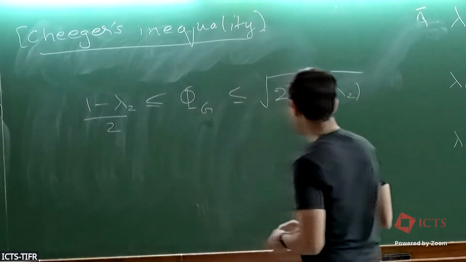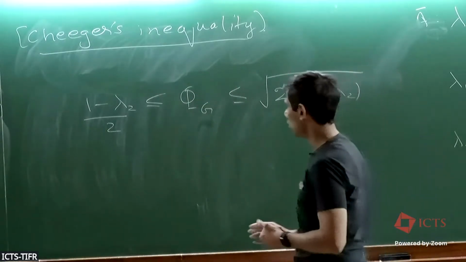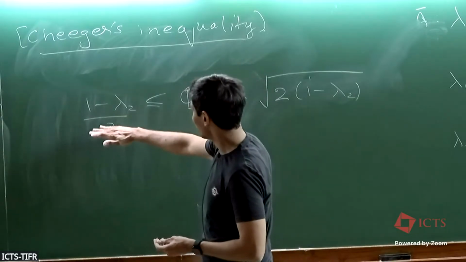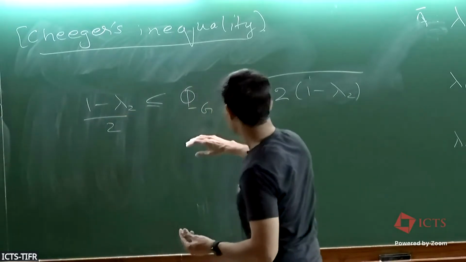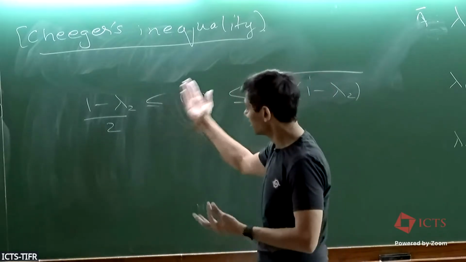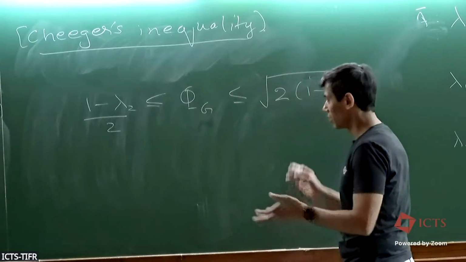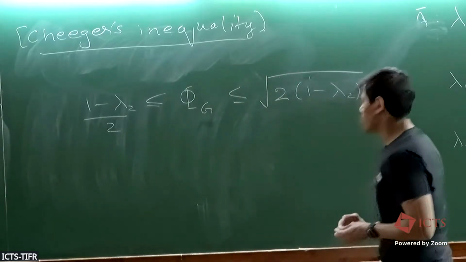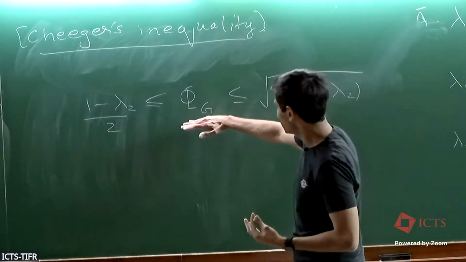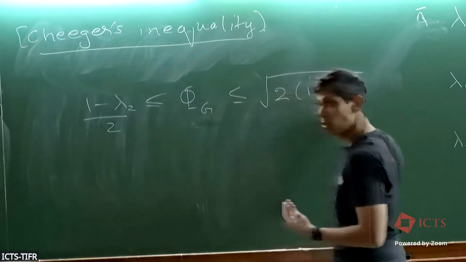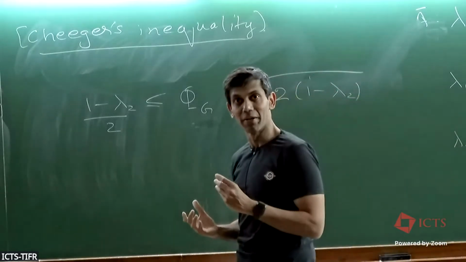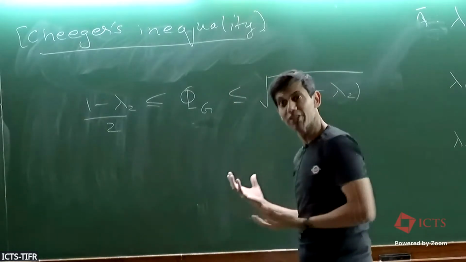So if you have some reasonable lower bound, let's say 0.1 here, then the edge expansion is already pretty good. It's at least 0.1 divided by 2. And on the other hand, if your graph has some good edge expansion, then it must also have good spectral expansion. So these two notions are related up to this kind of quadratic loss.